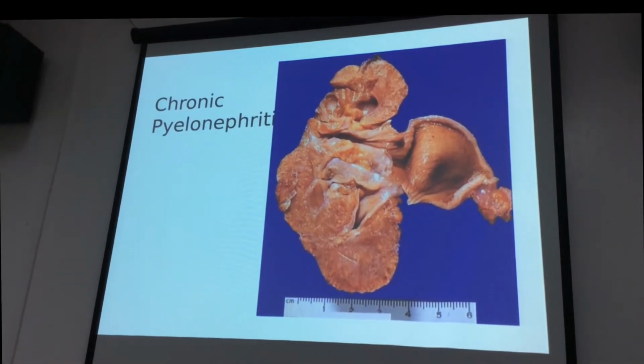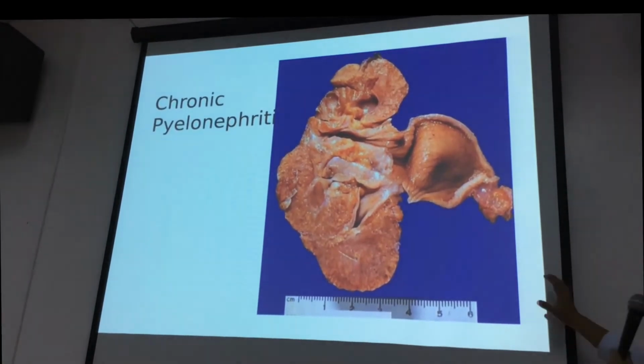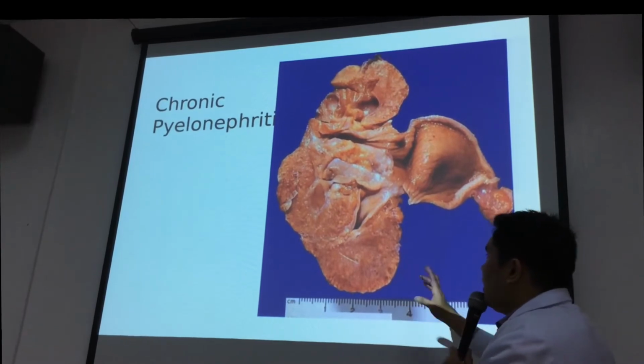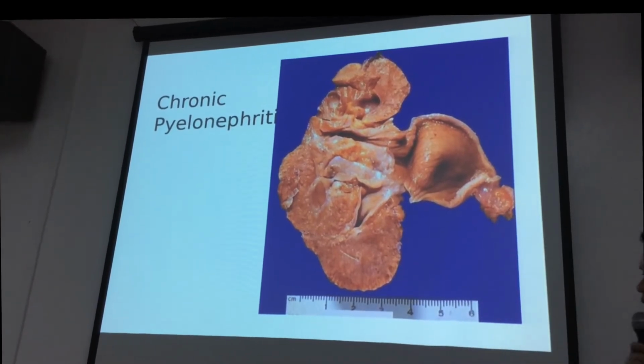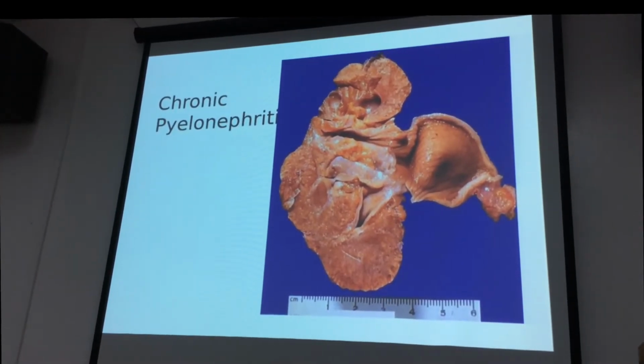So anyway, okay, this is a longitudinal section of the kidney. The staghorn calculi will be lodged in the pelvocalyceal system. That is the part which joins the uppermost part of the ureter.